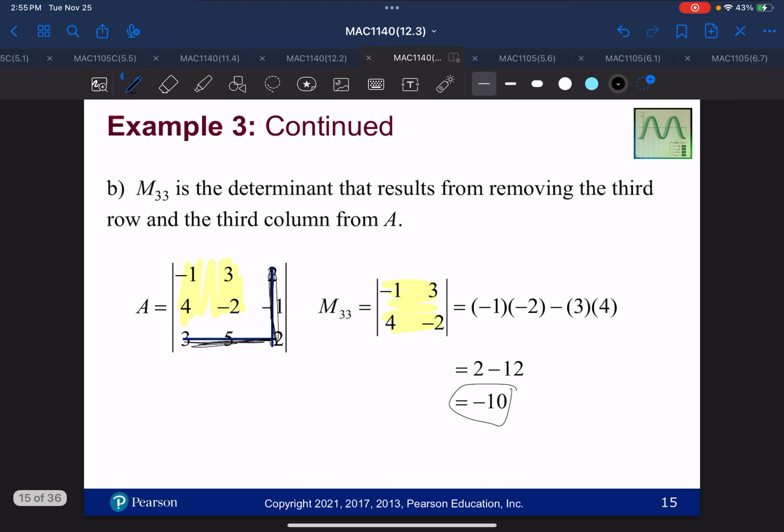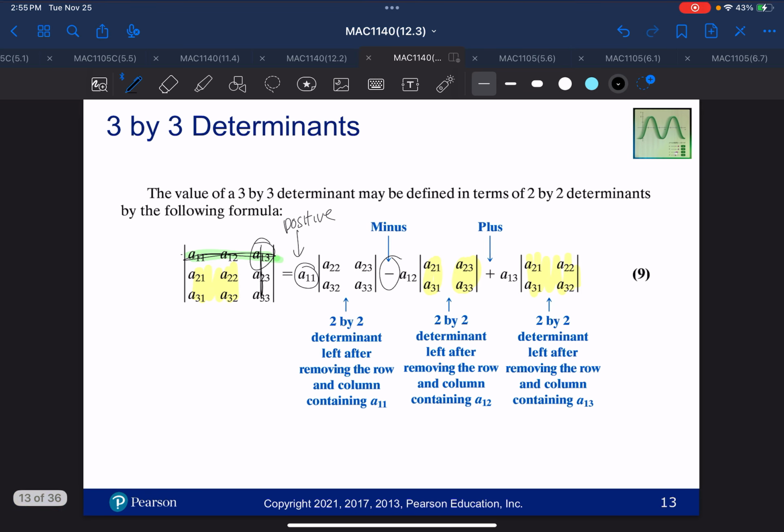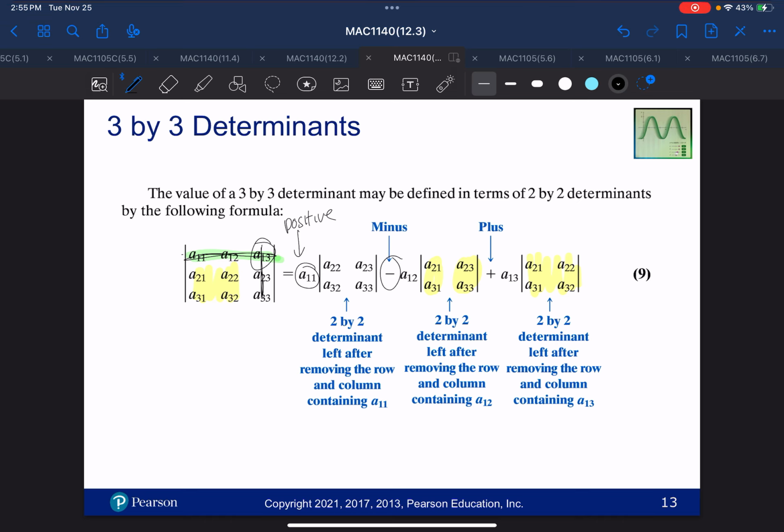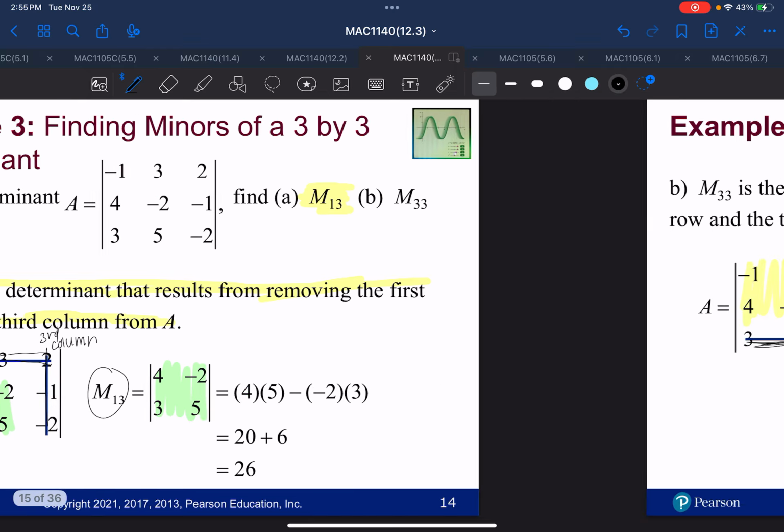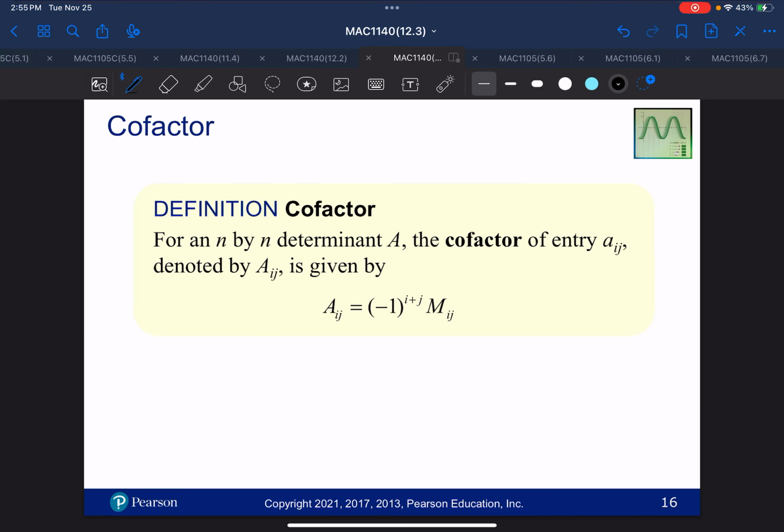Okay, so determining whether these signs are positive or negative, when you're finding the determinant of larger matrices, this is called the cofactor. And so we call that process of finding those determinants the cofactor expansion.